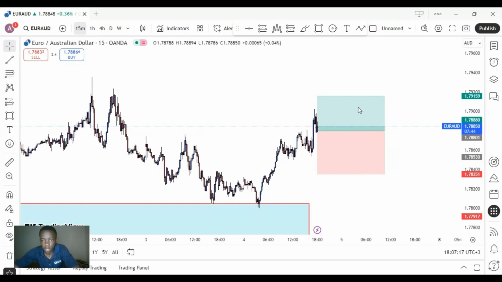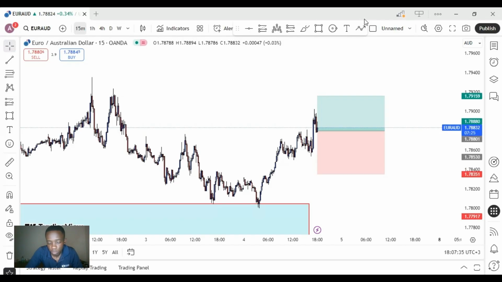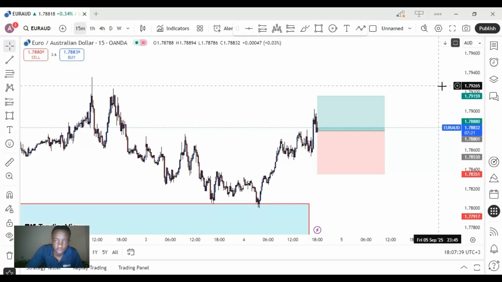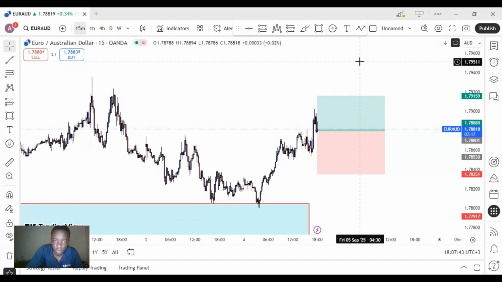I think I'll use my phone for this because the computer is acting a bit slow. This trade I'll be targeting 35 pips.